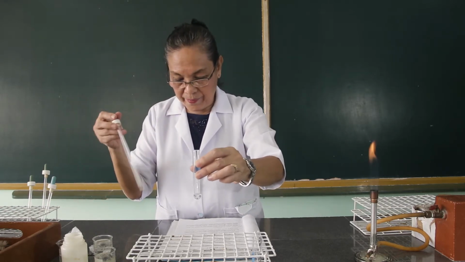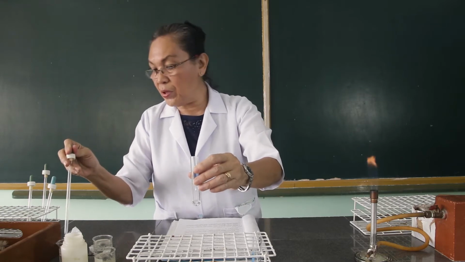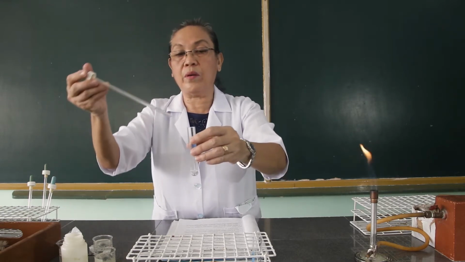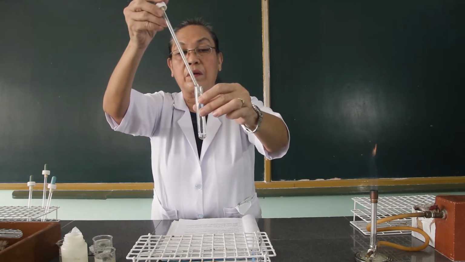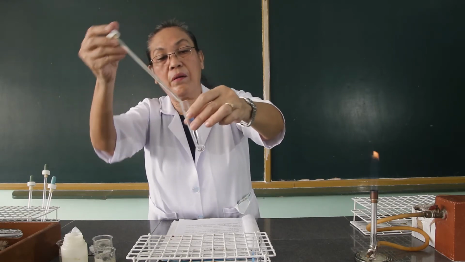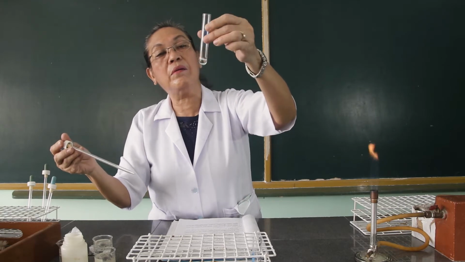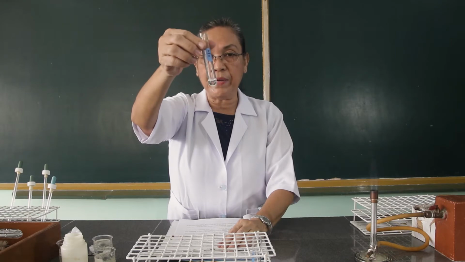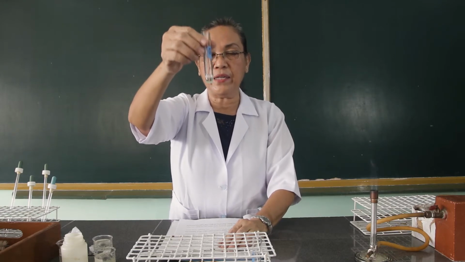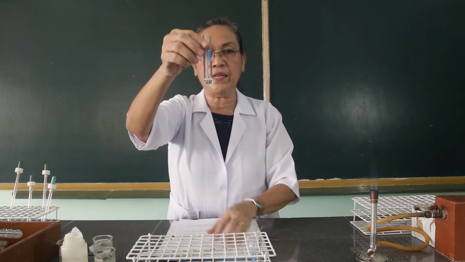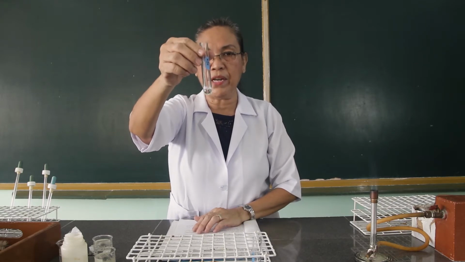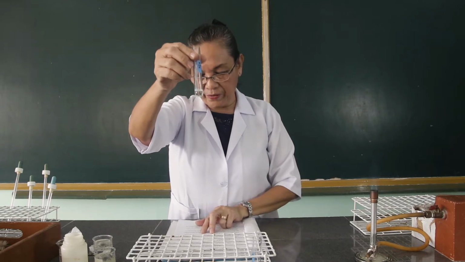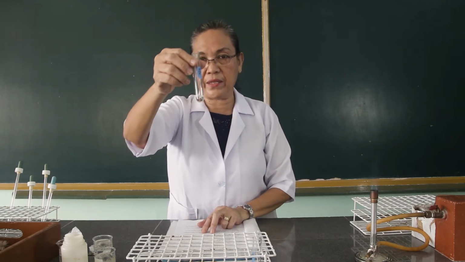And 2 drops of the ammonium carbonate. Okay, after mixing the ammonium chloride, the ammonium hydroxide, magnesium chloride, and the ammonium carbonate, let us add to this mixture 8 drops of diammonium orthophosphate.